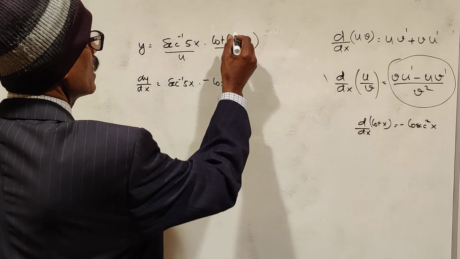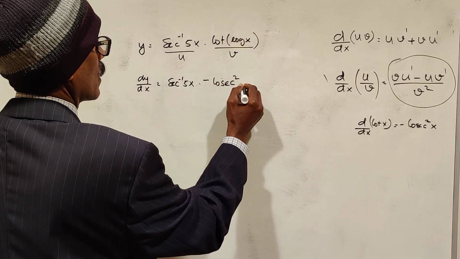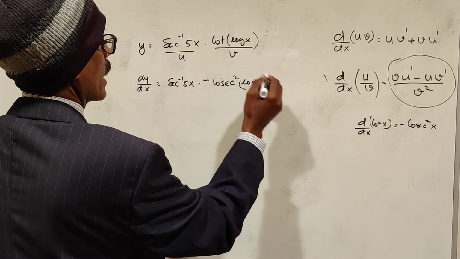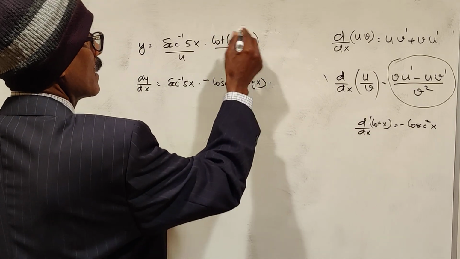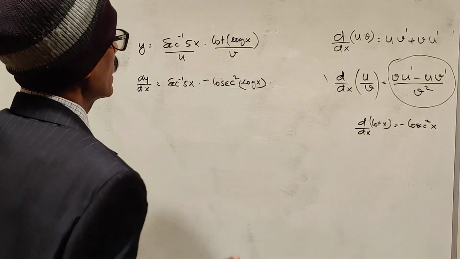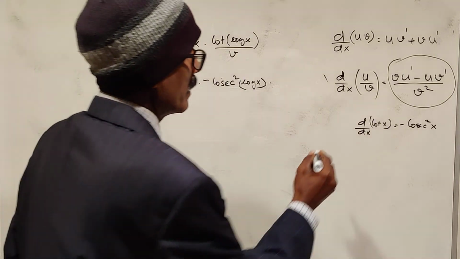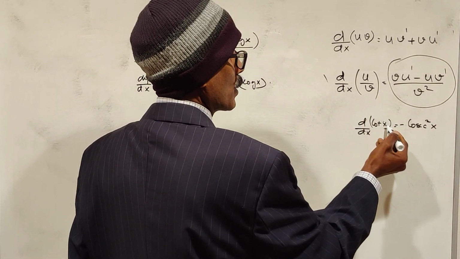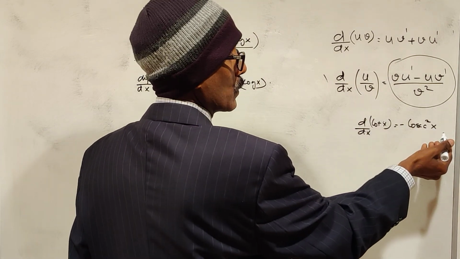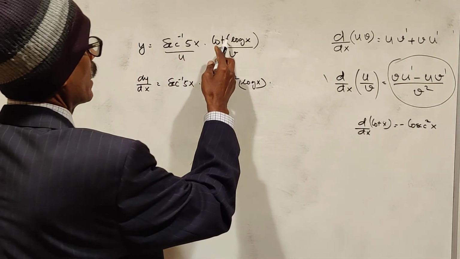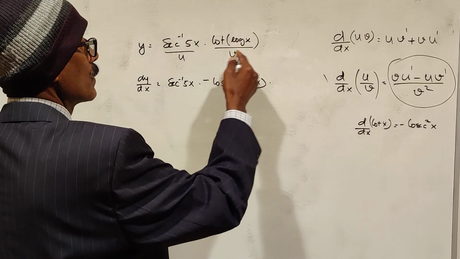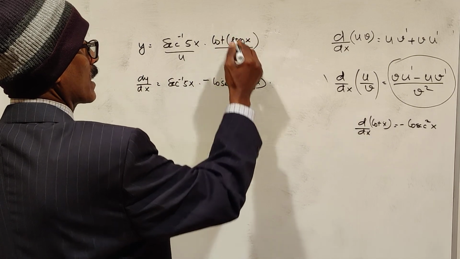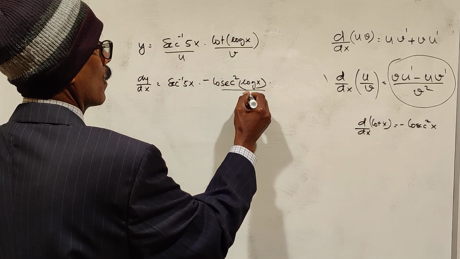See, this is not a formula; derivative of cot x is the formula. Derivative of cot u is minus cosec square u. Here minus cosec square, what is u here? u is log x, minus cosec square log x times derivative of log x, which is 1 by x.